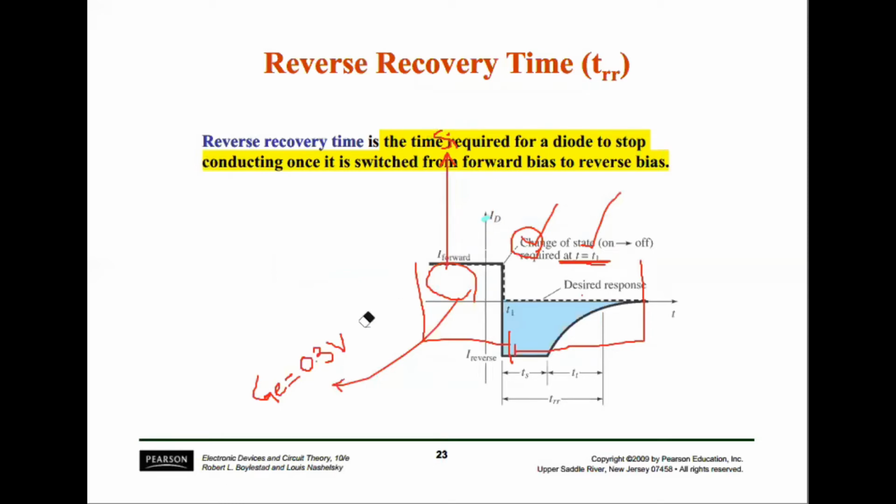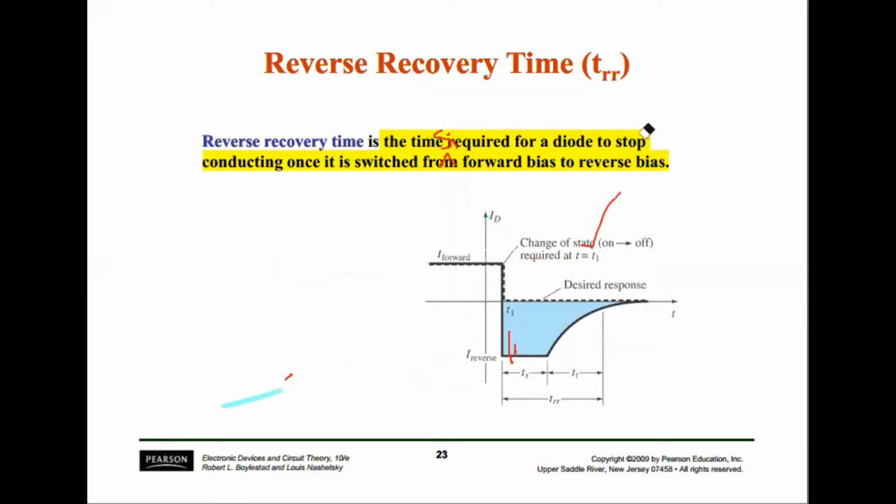If any diode is conducting in a forward direction, and you suddenly change the applied voltage from forward bias to reverse bias, it will move here and it will be moving like this.